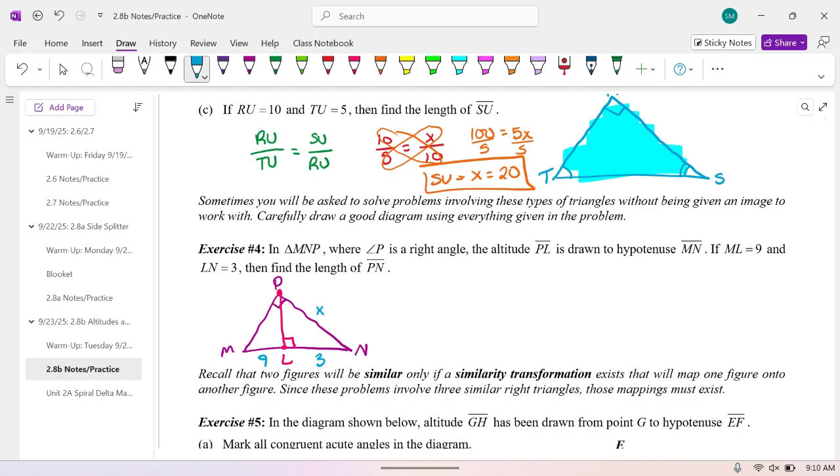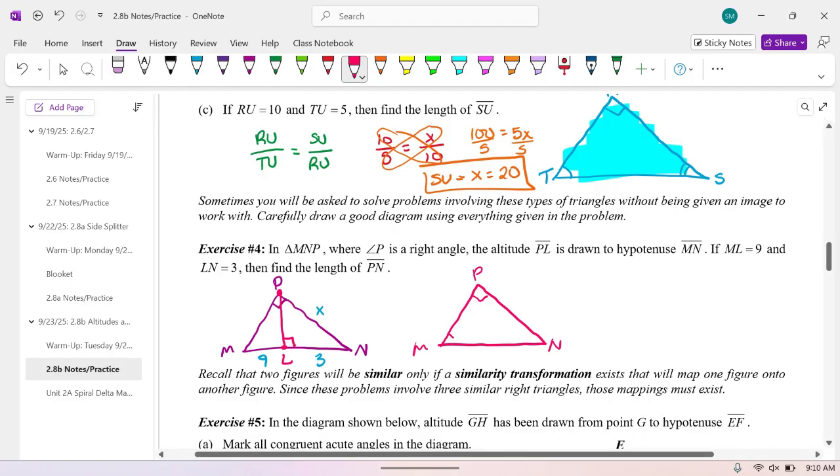Now, a lot of stuff going on here. So we're going to draw the 3 triangles separately. So I have my original, which is MPN. Let's say that M has 1 tick, N has 2 ticks. All right.